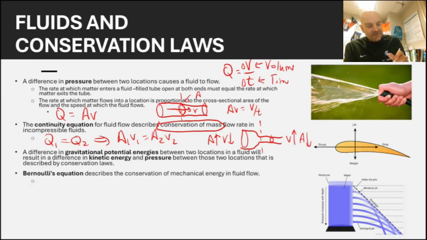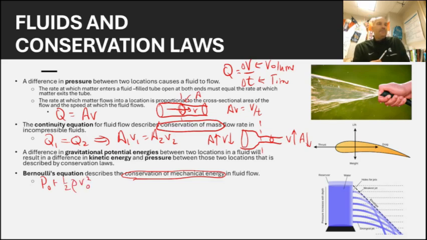Okay, so here's our second conservation law: conservation of mechanical energy. What we say is some reference pressure plus 1/2 rho v0 squared plus rho g h0 is going to equal a constant.